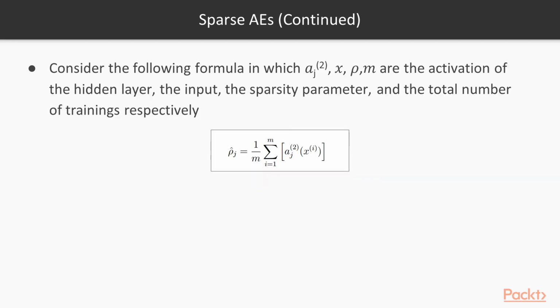Here we are going to explain the math behind the sparse autoencoders. Consider the following formula in which A superscript 2, X, rho, and M are the activation function of the hidden layer, the input, the sparsity, and the total number of training samples, respectively.